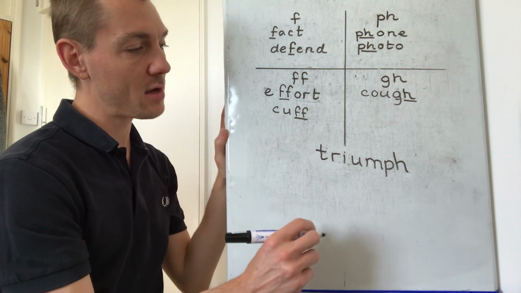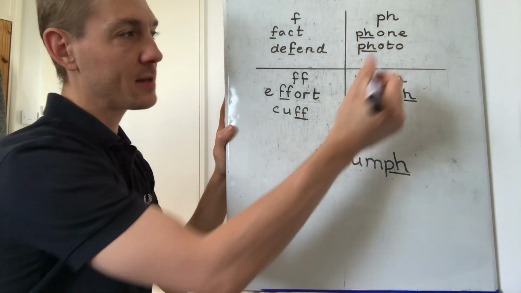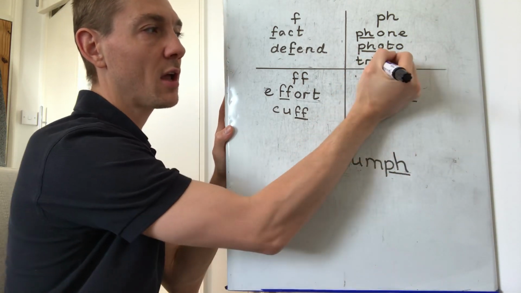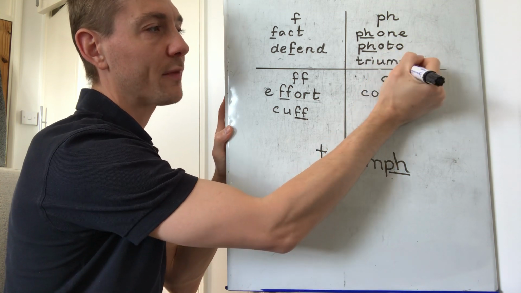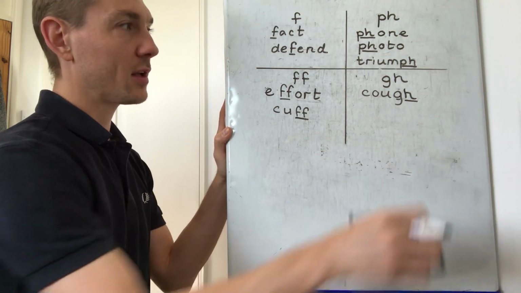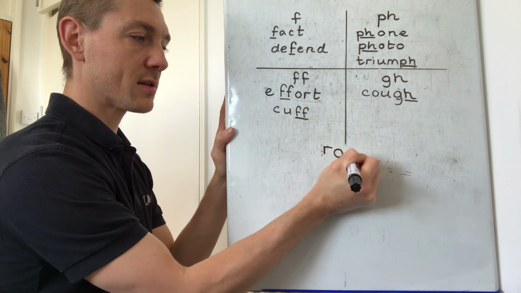And we come back together. It's the PH spelling, isn't it? Again, at the end of the word that time. So with the syllables, we say try, triumph.